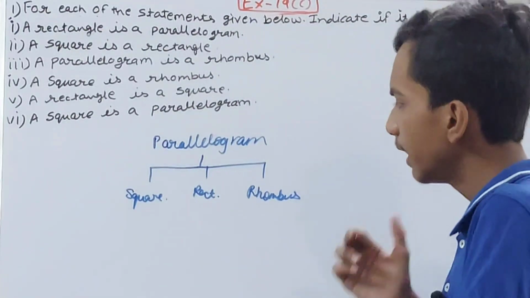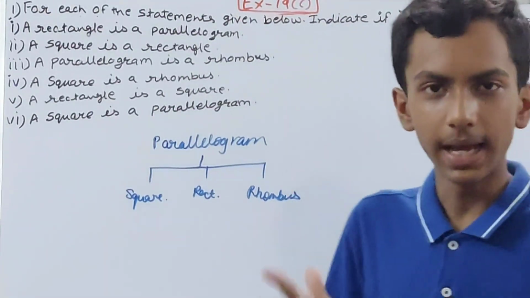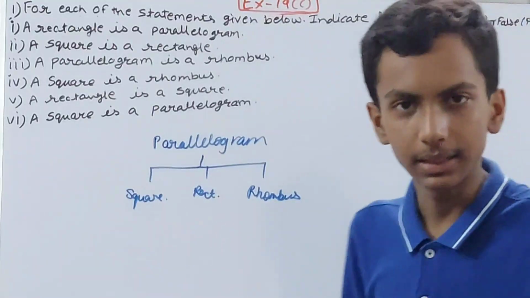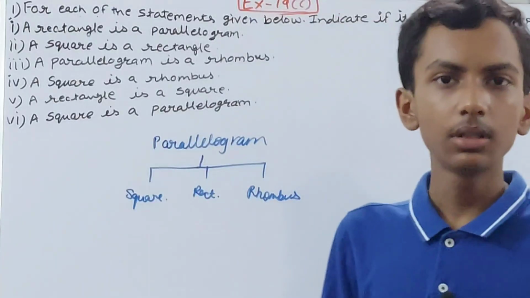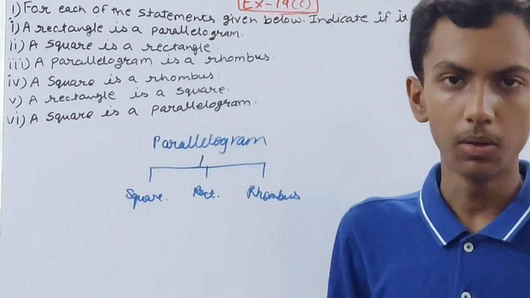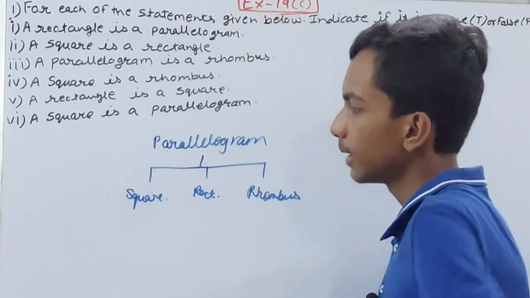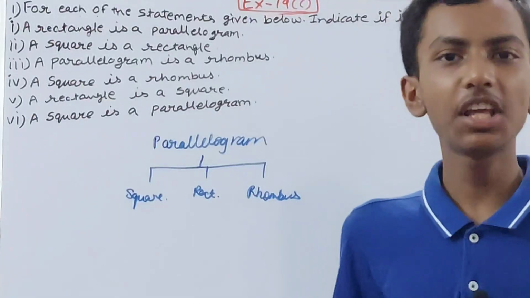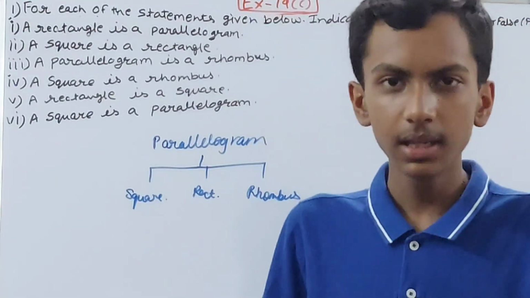Let's talk a little bit about the diagonals also. Look at the diagonals of the rectangle. Simply write down that the diagonals of the rectangle are equal. And the diagonals of a square are also equal and they bisect each other at 90 degrees.